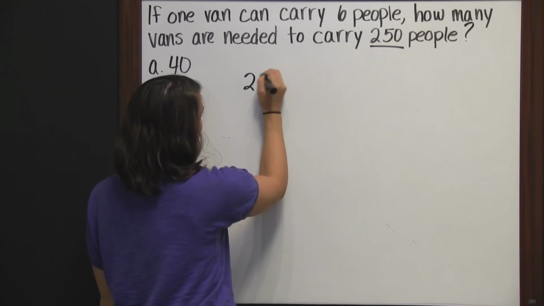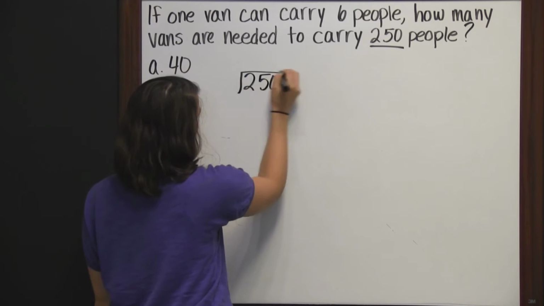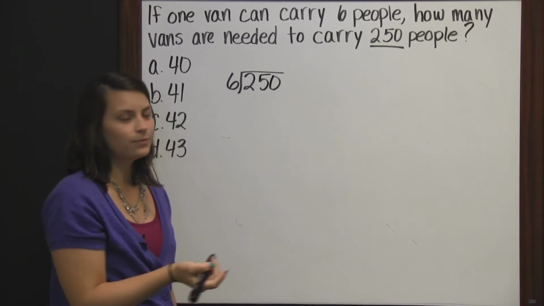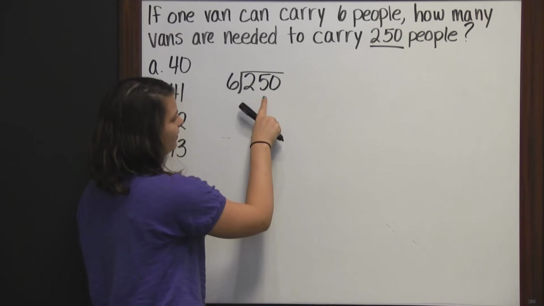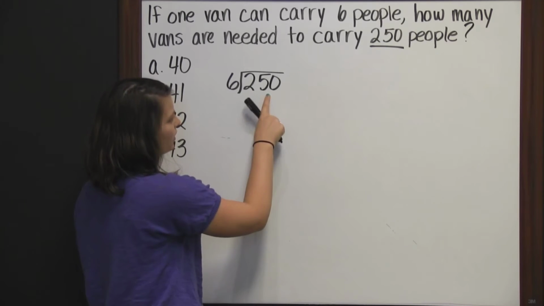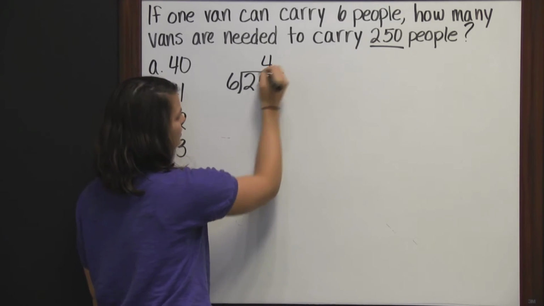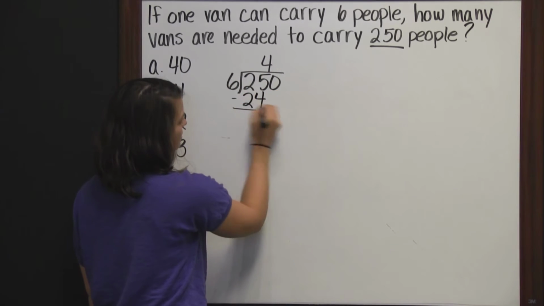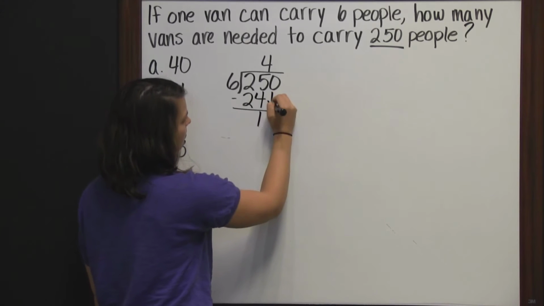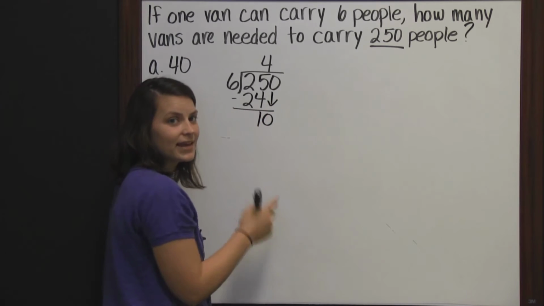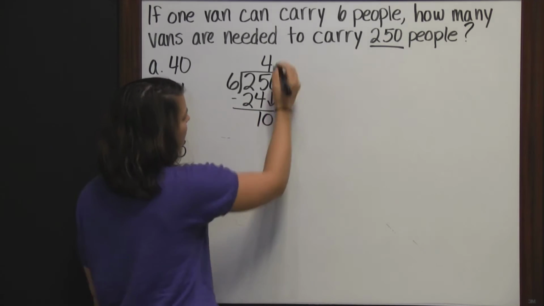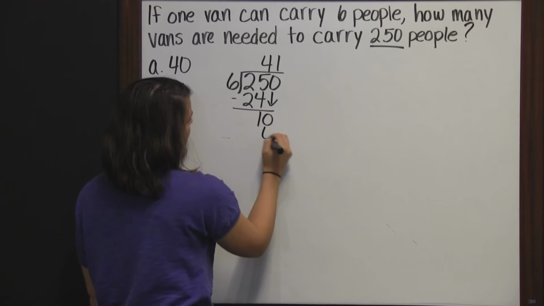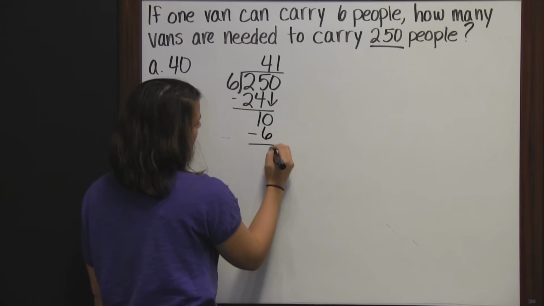So we take 250 and divide it by 6. 6 doesn't go into 2, but it does go into 25. 6 goes into 25 4 times. 4 times 6 is 24. We subtract and get 1 and bring down the 0. Then 6 goes into 10 1 time. 6 times 1 is 6. We subtract and we get 4.